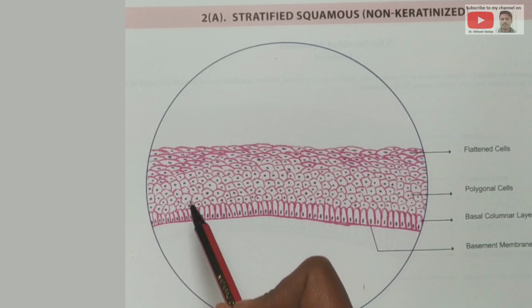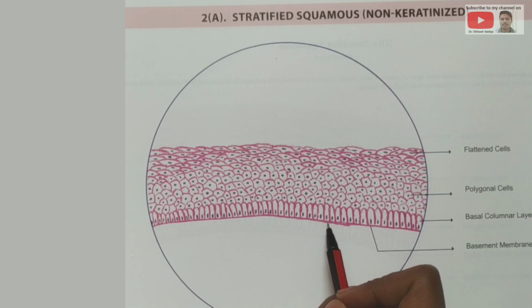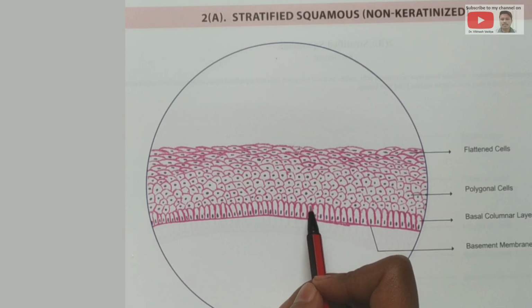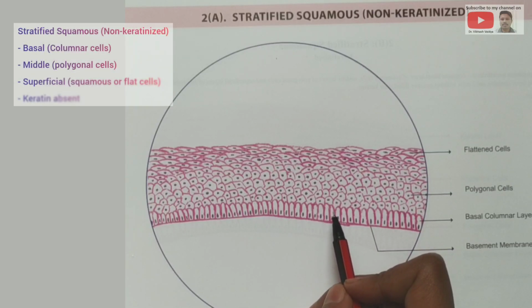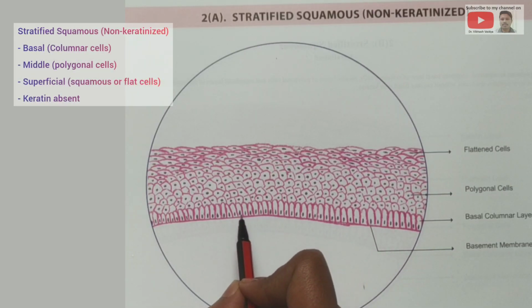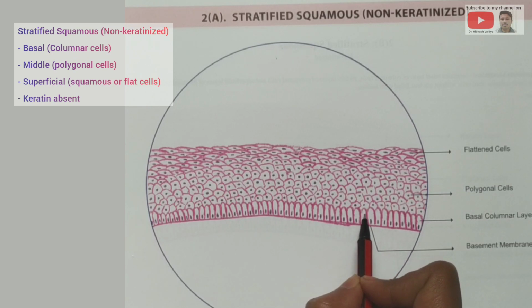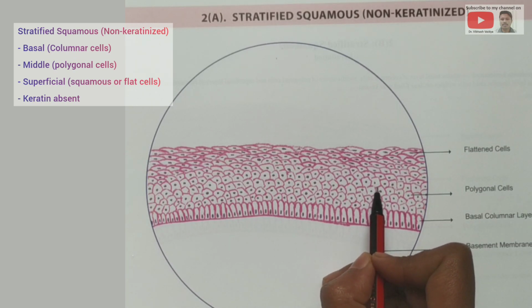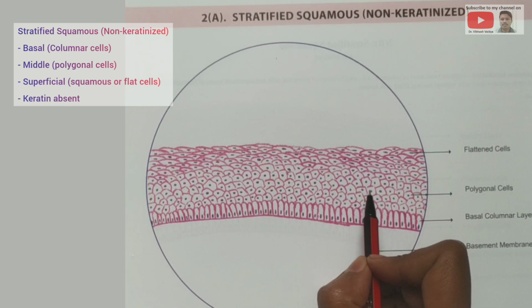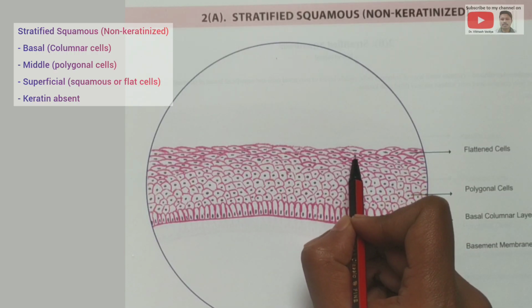So this is the picture of non-keratinized stratified squamous epithelium. This non-keratinized stratified squamous epithelium contains a basal layer of columnar cells, middle layers of polygonal cells, and a superficial layer of flattened cells.